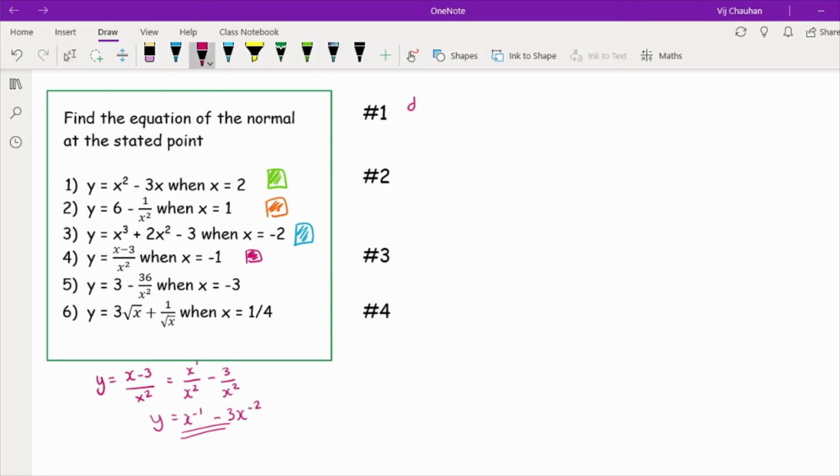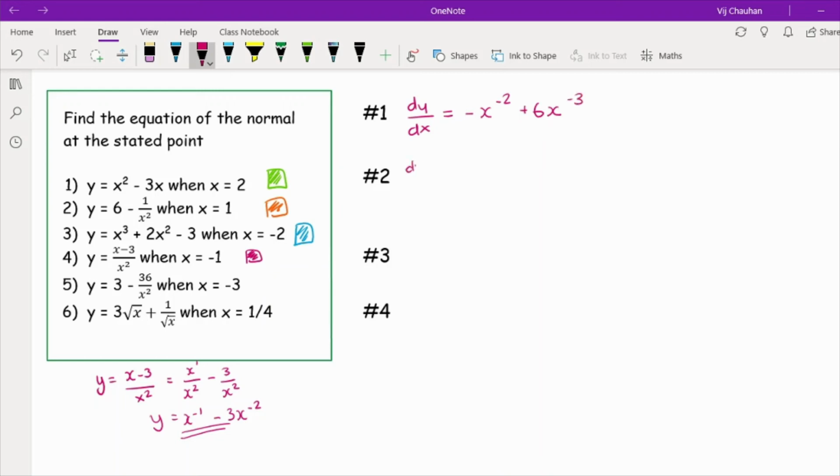So once I've got that, I can then work towards differentiating that rather easily. So in this case, we've got minus x, because I move the minus 1 to the front, and it then becomes minus 2, and then it's going to be plus 6x to the minus 3.